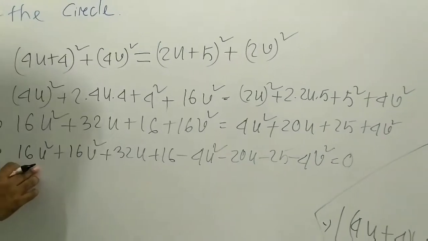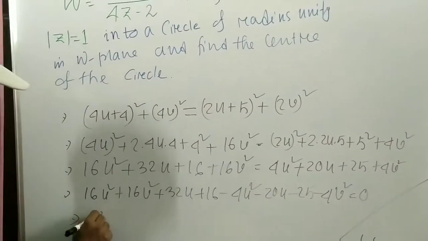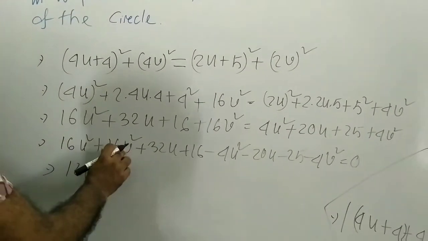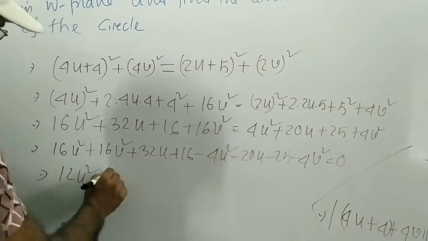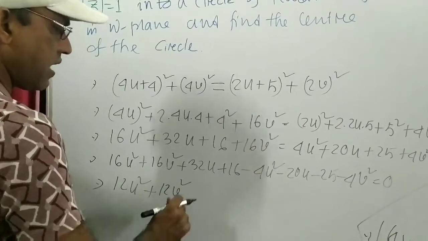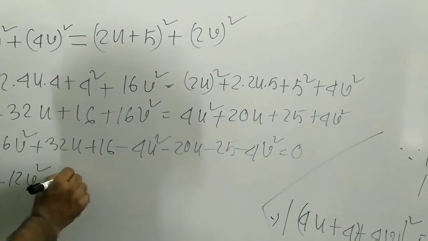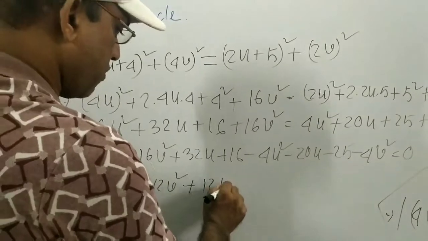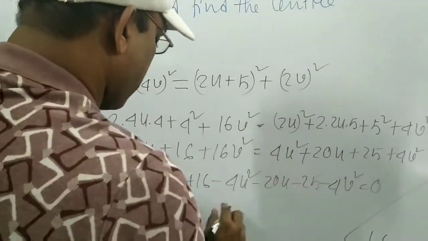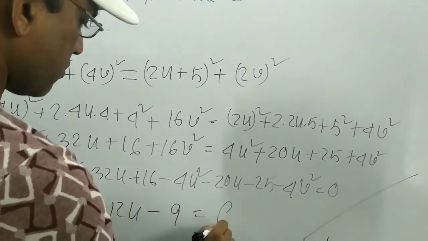So 16 minus 4 gives 12u square, 16v square minus 4v square gives 12v square, 32 minus 20 gives 12u, and 16 minus 25 gives minus 9, equal to 0.